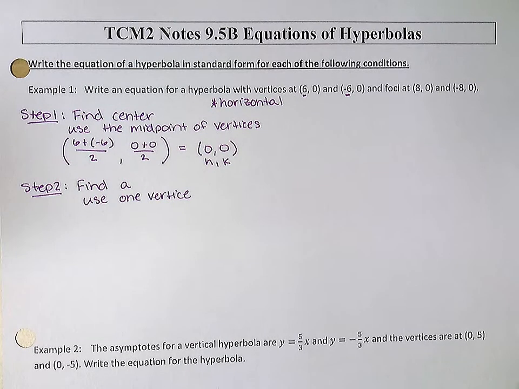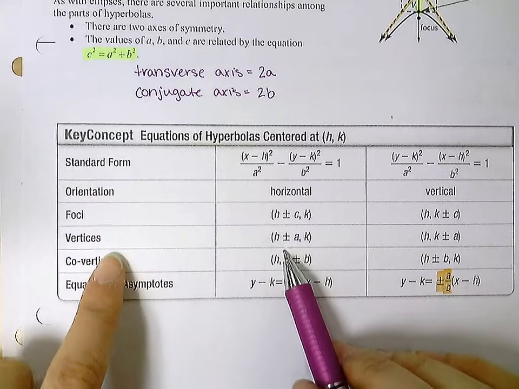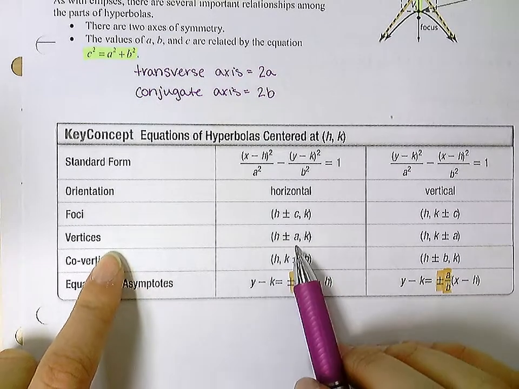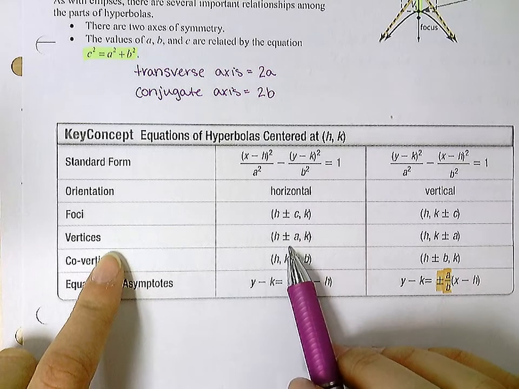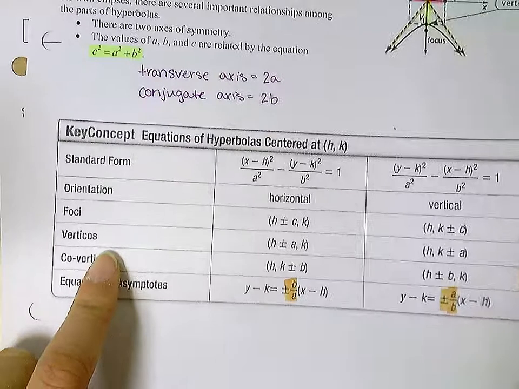If I look at my chart from yesterday, since we're using a horizontal hyperbola, my vertices are at h plus or minus a for that x value. So I have to set the x value in one of my vertices equal to h plus or minus a to solve for a.